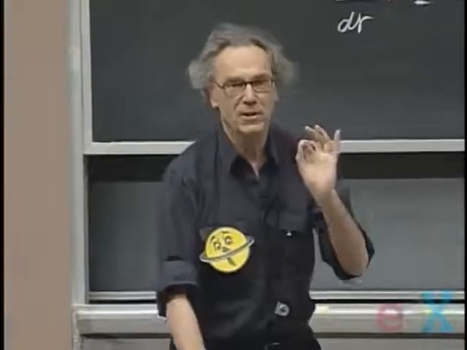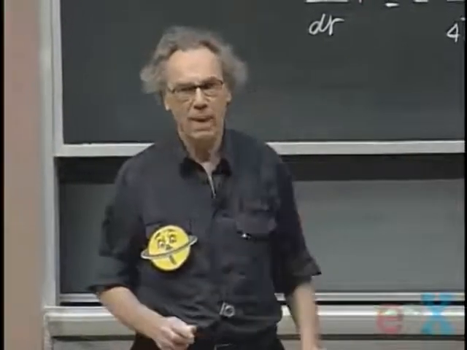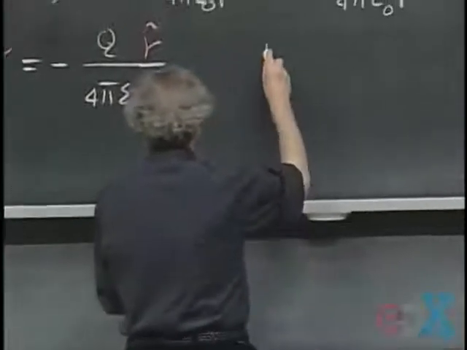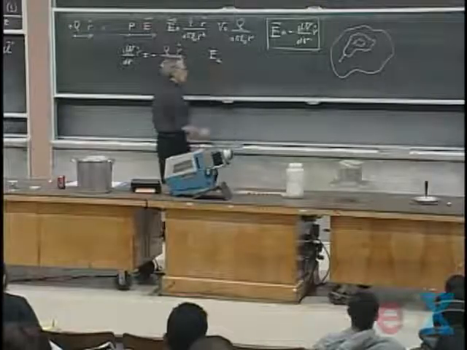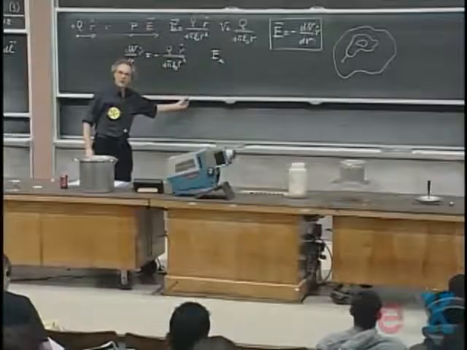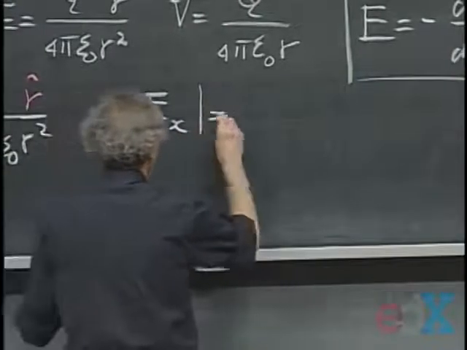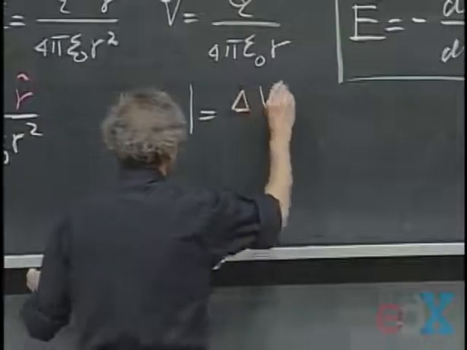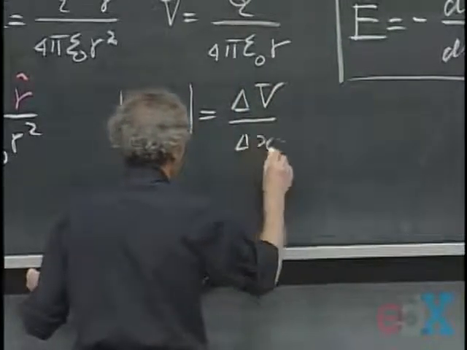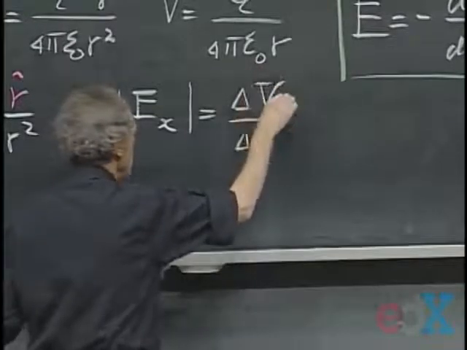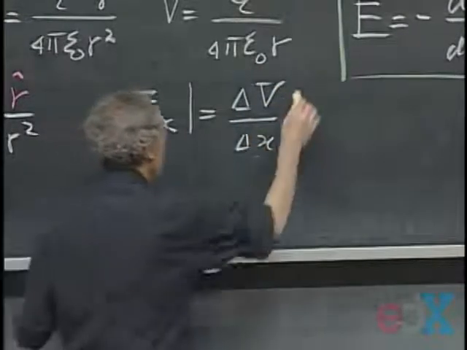If I do measure a difference in potential, then the x component of the electric field, the magnitude of that, would be the potential difference that I measure divided by that little side step that I have made, delta x.